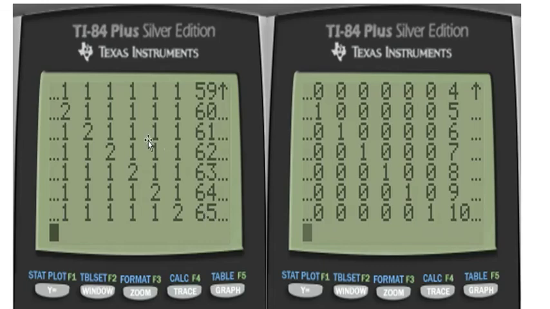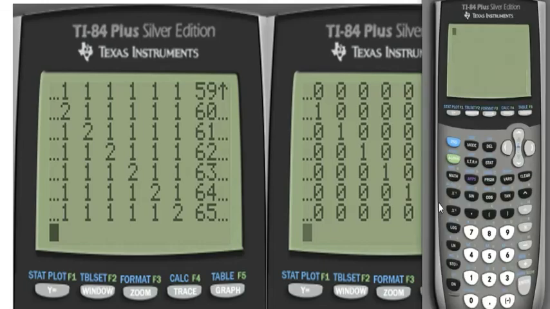When we do RREF, we get 1's in the diagonal, 0's above the diagonal, 0's below the diagonal, and augmented with 1, 2, 3, 4, 5, 6, 7, 8, 9, 10. And here it is. We create a second matrix, edit, call it matrix J, and it is 10 by 11.